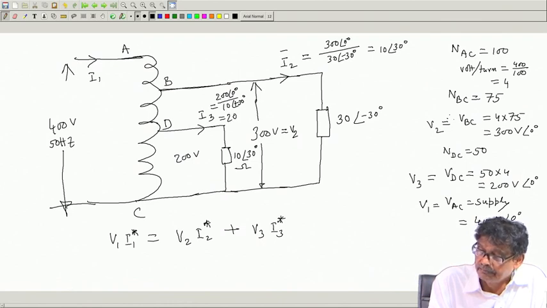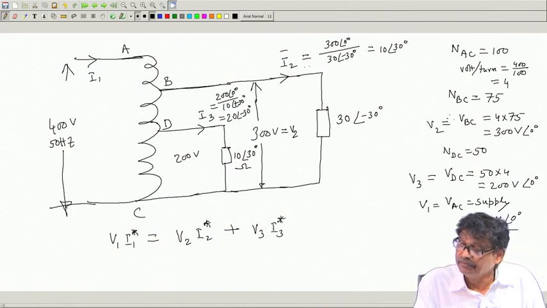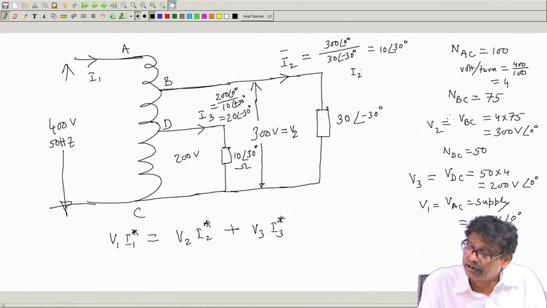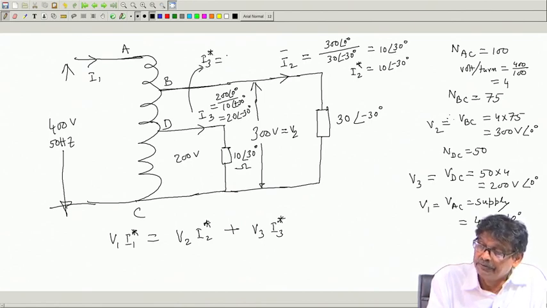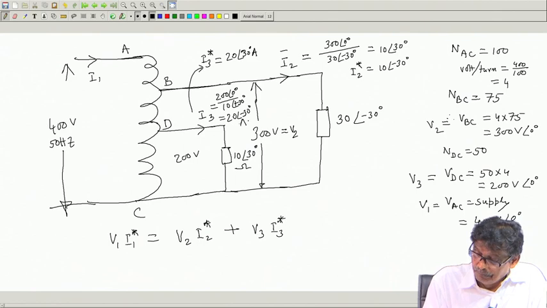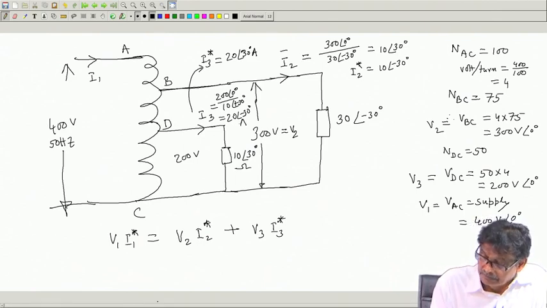Of course, if this is I 2, then do not forget to calculate I 2 star, that is 10 minus 30 degree. If this is I 3, calculate I 3 star, which will be equal to 20 plus 30 degree ampere. Put it here, everything is known including V 1.